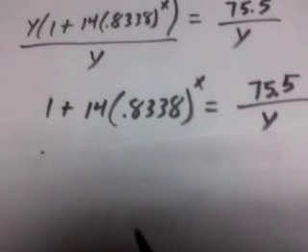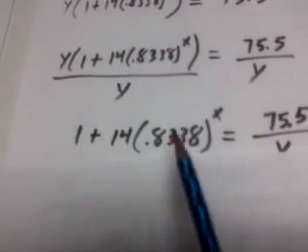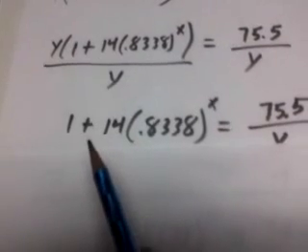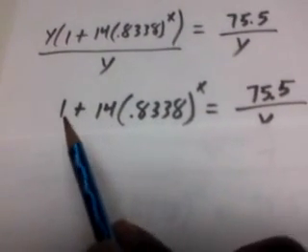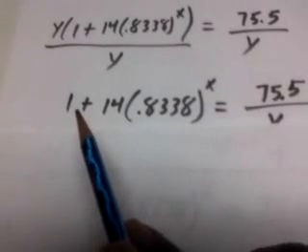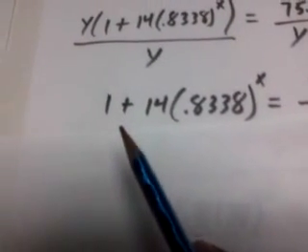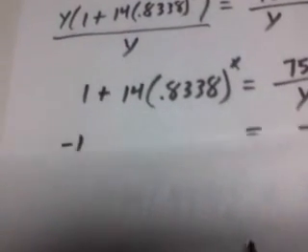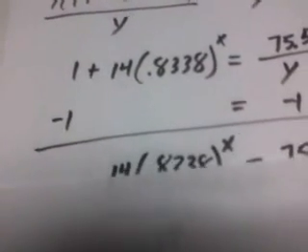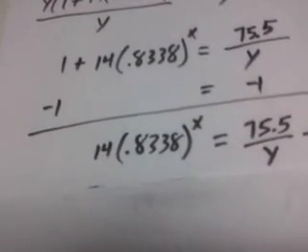But I still don't have x by itself. So what do you think I would do next here? What would I get rid of on the left side of this equation? If you say get rid of that positive 1, you're right. So to get rid of a plus 1, I subtract 1 from both sides of the equation.